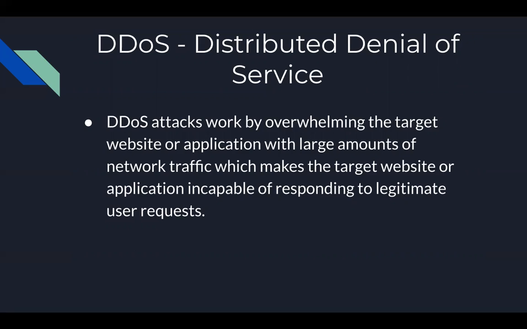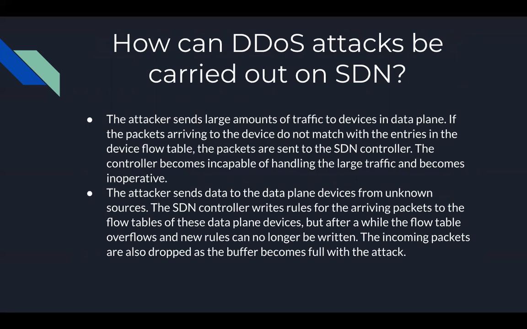Now that we know the basics of an SDN and a DDoS attack, we also understand that DDoS attacks are especially harmful for SDN networks. And why is that so?